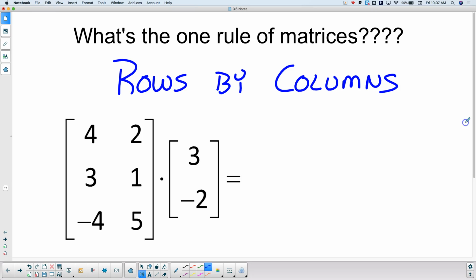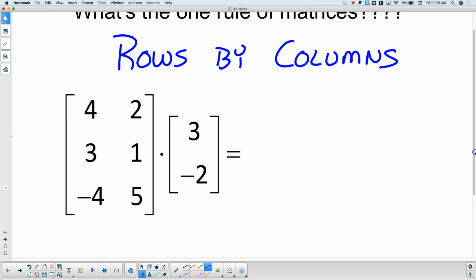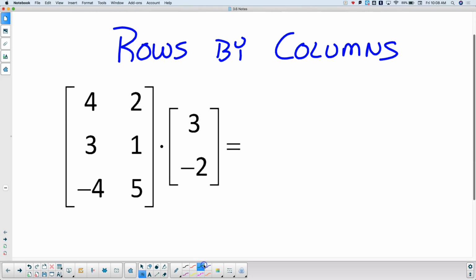Today, we are going to multiply matrices. Okay? And so what we're going to do is follow that rule. And that rule is we're going to take the rows of the first matrix and multiply them by the columns of the second matrix.